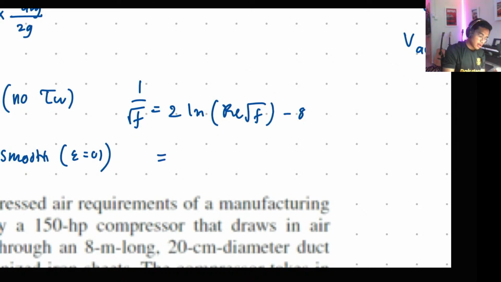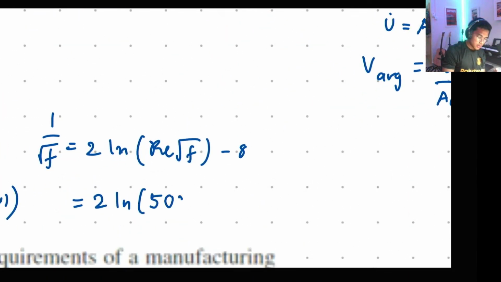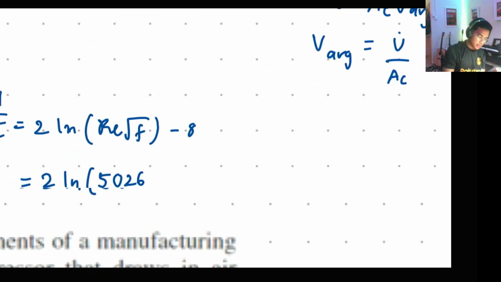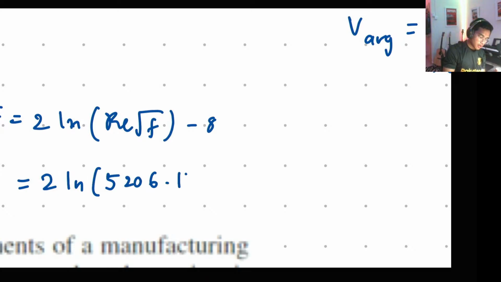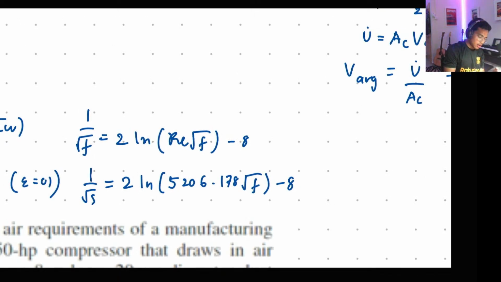Okay, so we know that Re is 5,200. So we solve 1 over square root of x equals 2 ln (5,200 square root of x) minus 8.